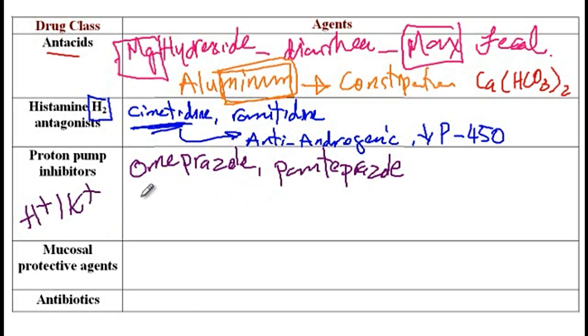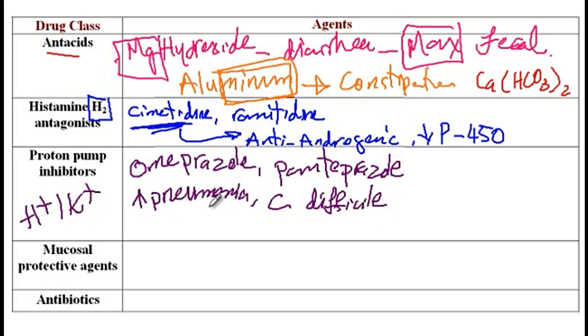For the same reason, the side effects of these medications include increased risk of pneumonia, as well as C. difficile infection. Since there is less stomach acid, the environment of the stomach is less harsh to these bacteria and they can grow, so there is an increased risk of infection with these agents.